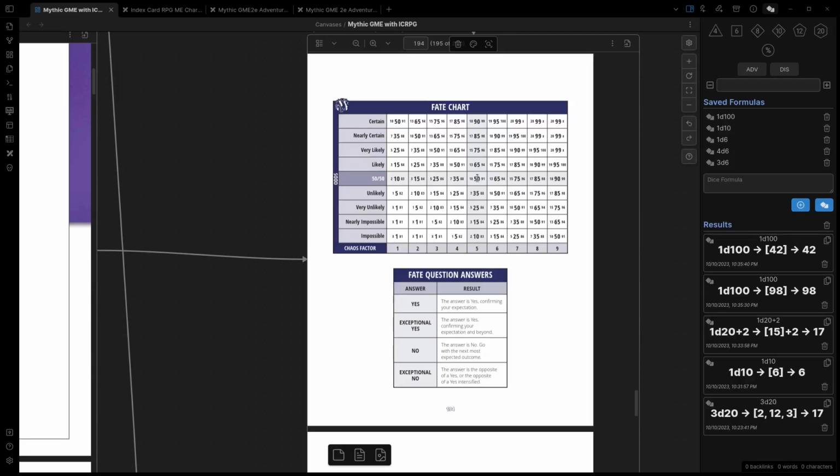Oh, the question is, do any bombs hit near my character? So we're going to use chaos factor 5 with the odds of it being yes, very likely, so 75 or lower.